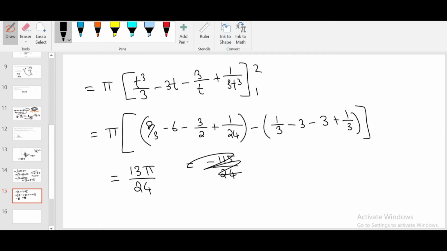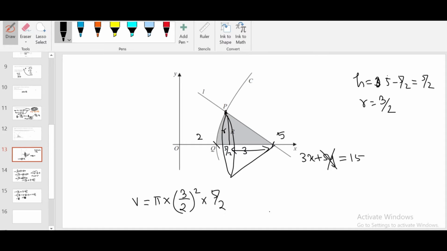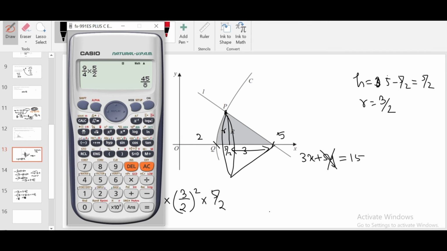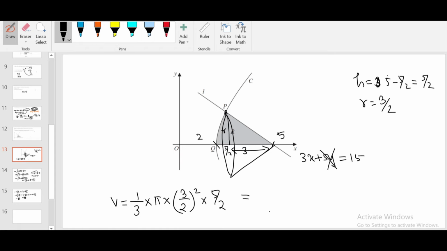So 5 minus 5 over 2. And then the radius is the y coordinate. Pi r square h. Sorry, 1 over 3 pi r square h. What am I doing? This is the volume of a cylinder. Volume of a cone is 1 over 3 pi r square h. So this answer times 1 over 3. That's 15 over 8 pi.